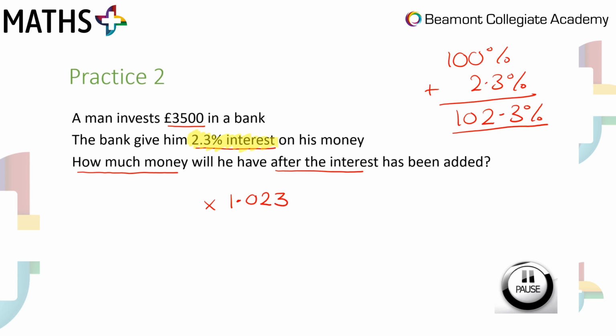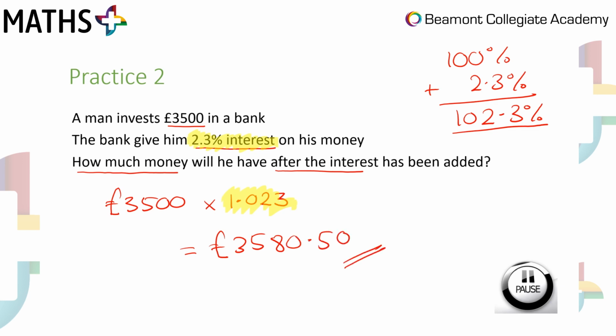That is the most important bit, that's the bit that we've got to get spot on. So 102.3% as a decimal is 1.023. So my calculation, 3,500 times by 1.023. And that gives me £3,580 and 50 pence.